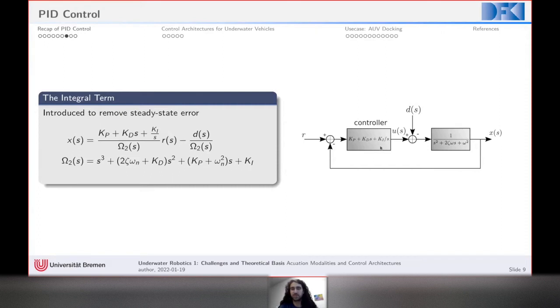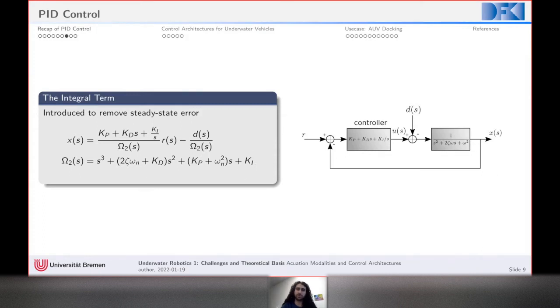The transfer function of that is just ki, of course some gain ki, over s, right? So now if I have a look at my system, I redo this again. I have a third order polynomial, which includes the I in it.